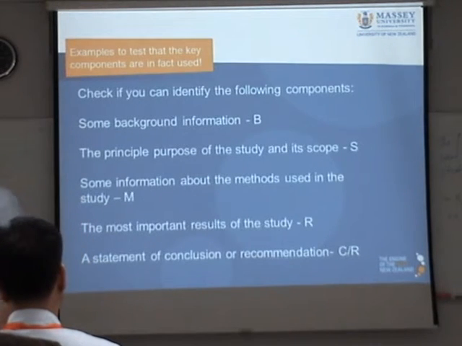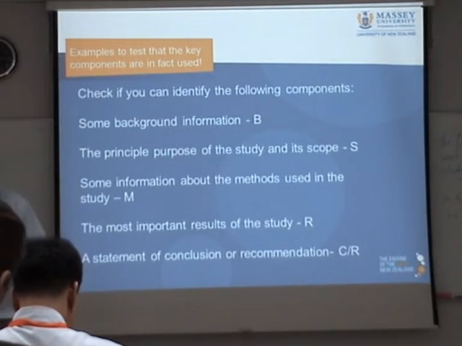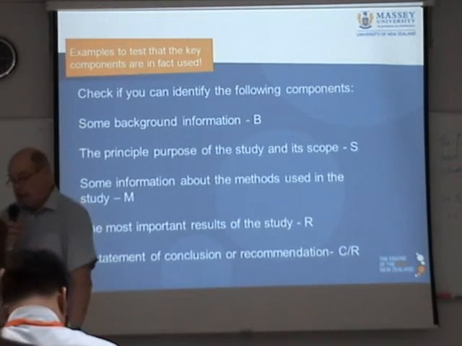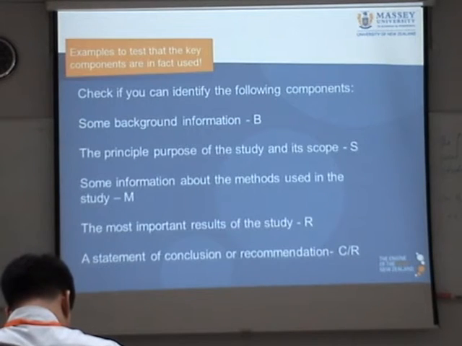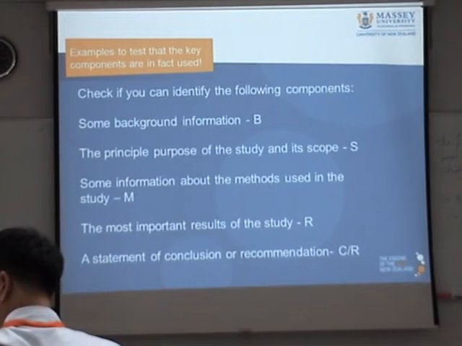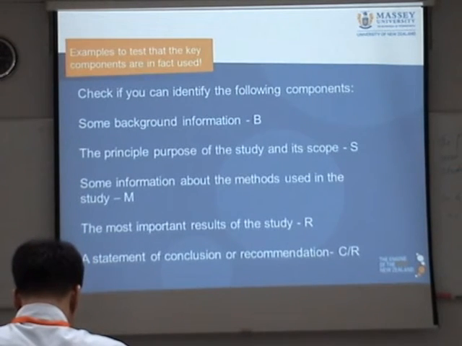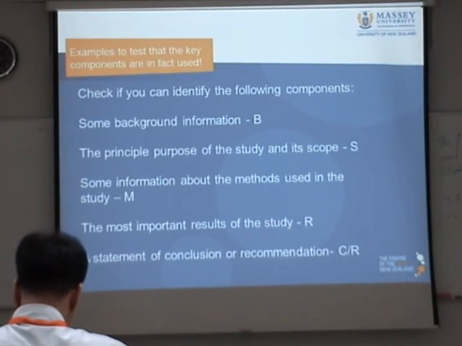Now, could you pick up number 11 and see if you can identify some background information and write B alongside that. The principal purpose of the study and its scope, write an S next to that.